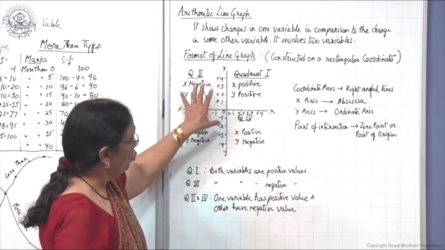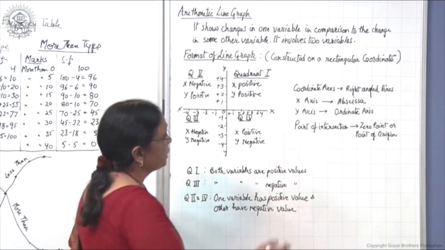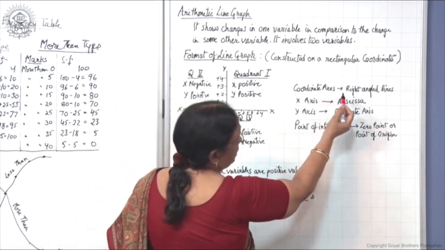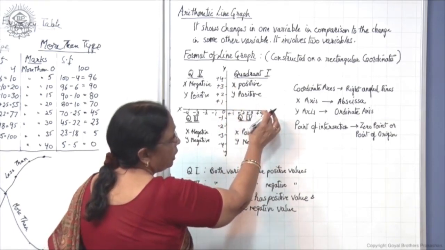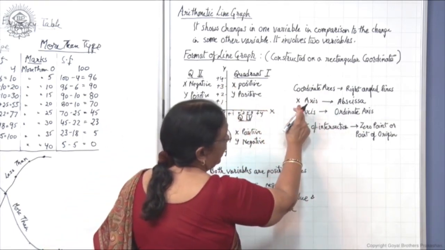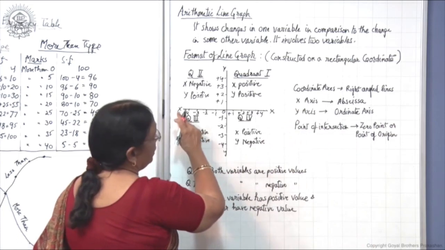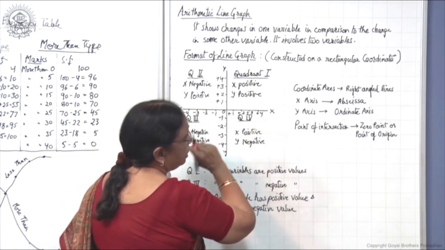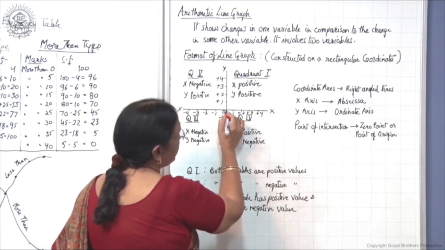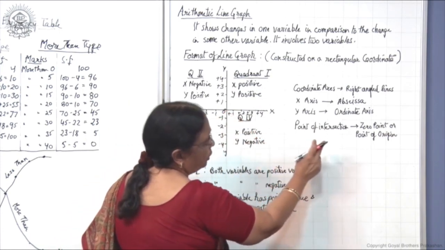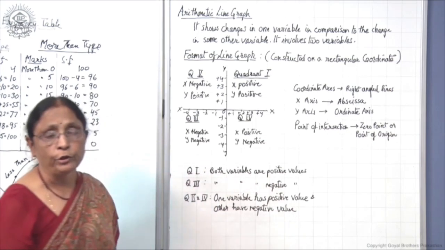So these are the four quadrants, and in these quadrants the coordinate axes are right angle lines. All the right angle lines are known as coordinate axes. The X axis is called the abscissa, the y axis is called the ordinate, and the point of intersection is known as the zero point or point of origin.